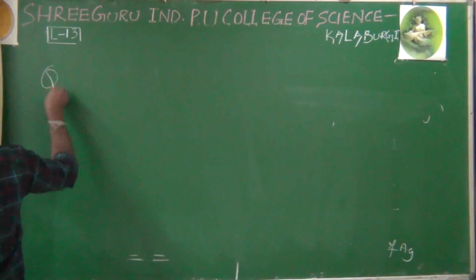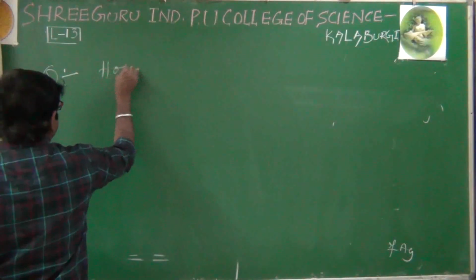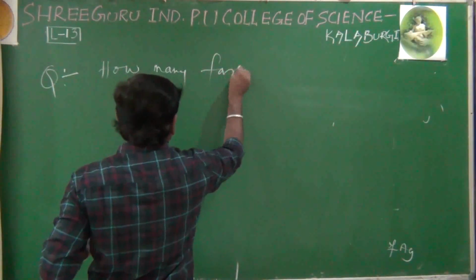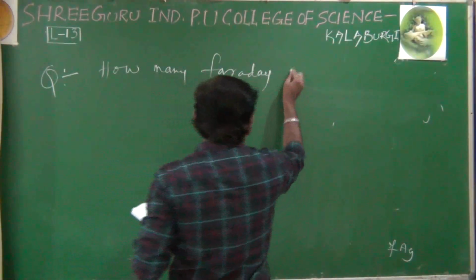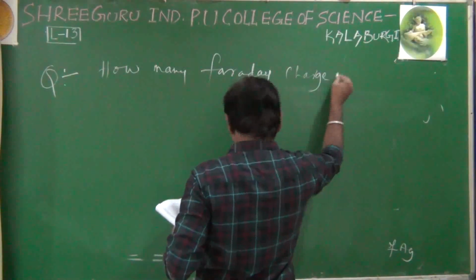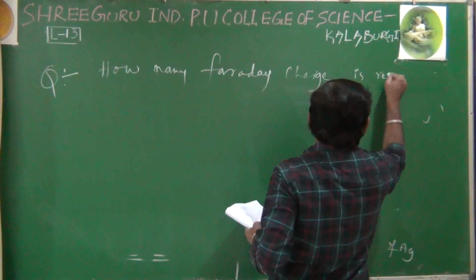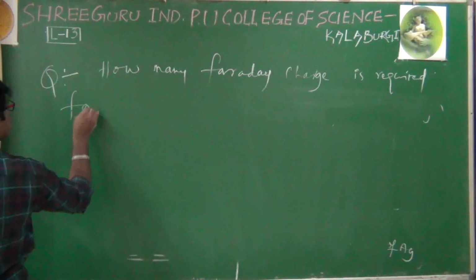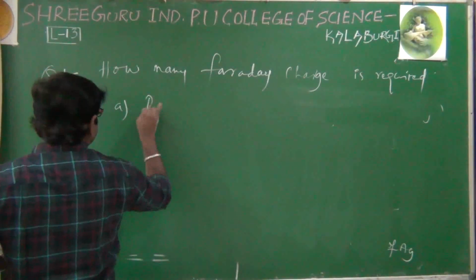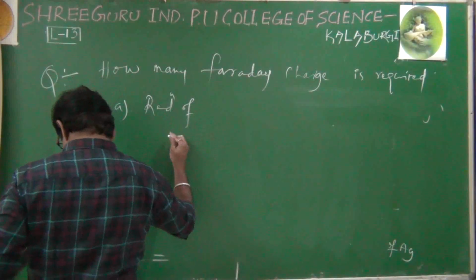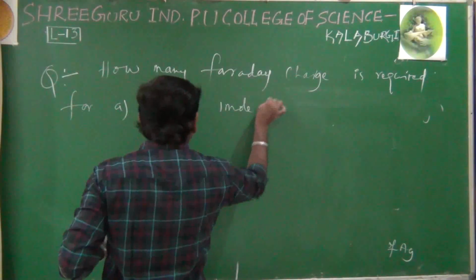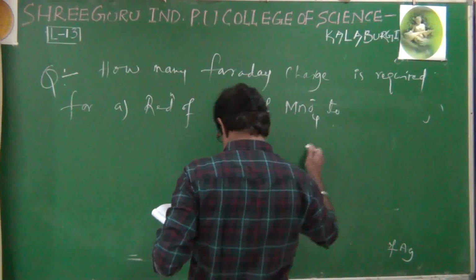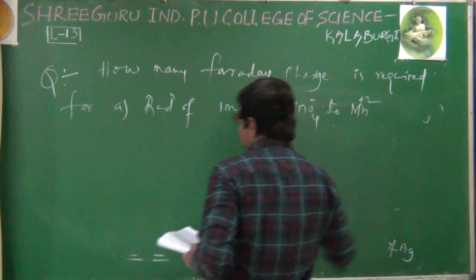Next question is: how many Faradays of charge are required for the reduction of 1 mole of MnO4 minus to Mn plus 2, that is the first question.